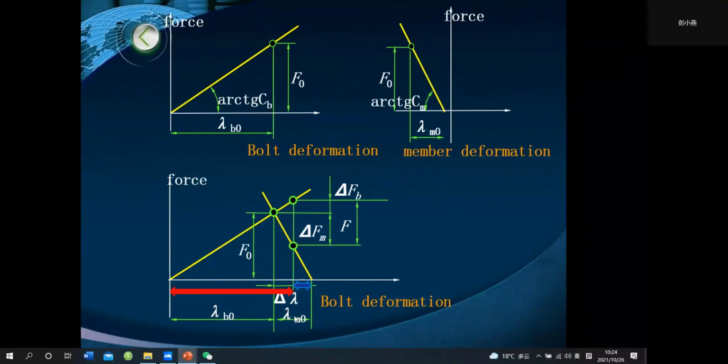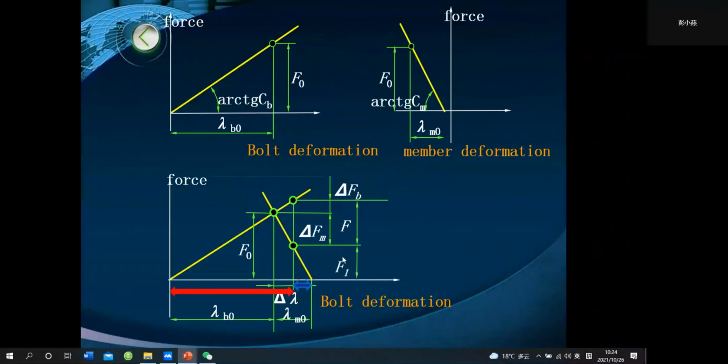It's lambda M0 minus delta lambda, because the axial force may cause the members to elongate. So the total deformation is decreased. And this is the total deformation, and this point represents the actual force acting on the members.